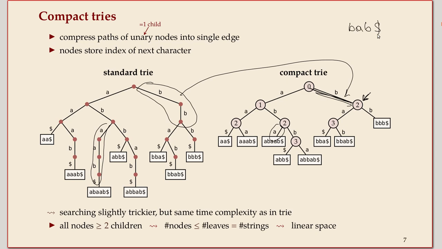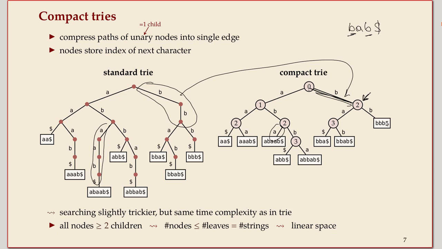This is not stored in the trie, right? There's no BAB. But if I traverse the trie, what I would do is, root says, look at the 0th character, that's a B. All right, I go there. Then I look at the second character, that's a B. Oh gosh, I found the leaf, so that's a match.